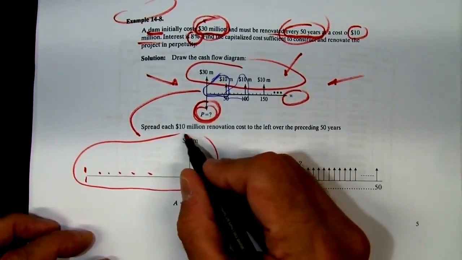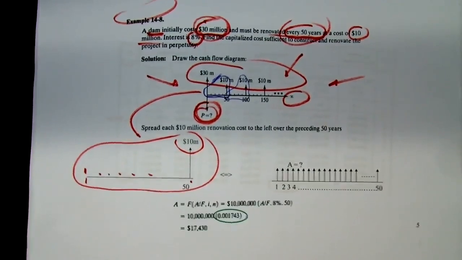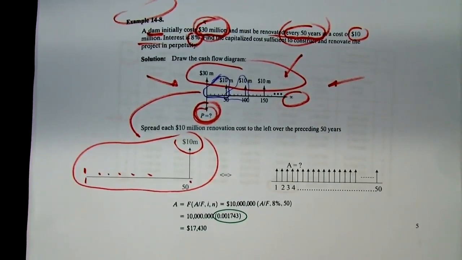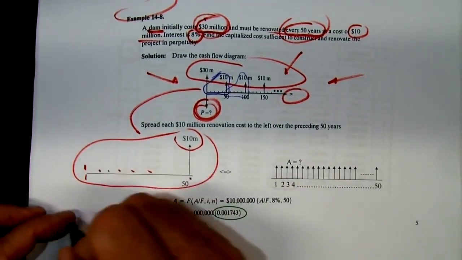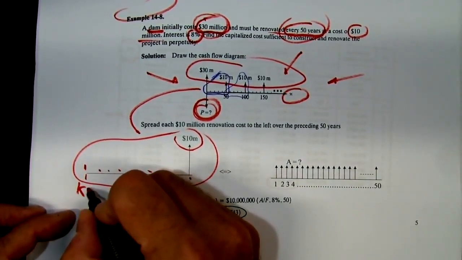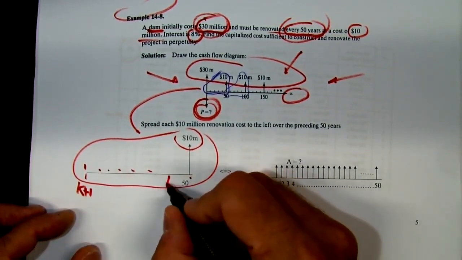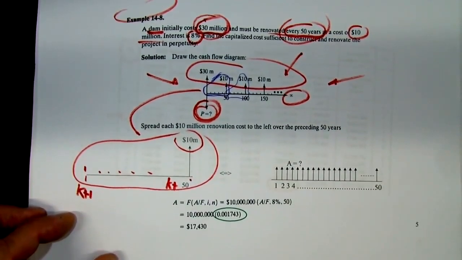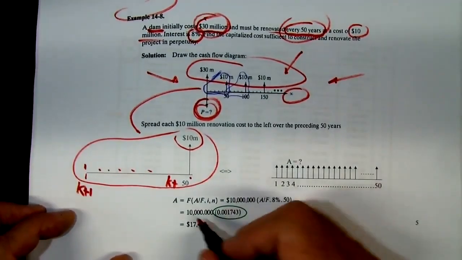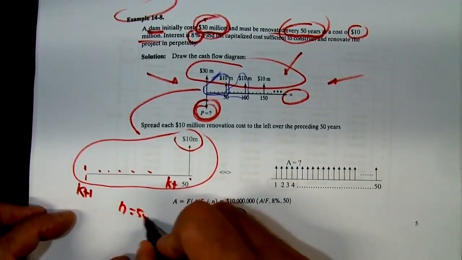At the end of 50, you are required to withdraw $10 million. So you can say that this is your K plus 1, and this is your K plus 50, where N is your 50.